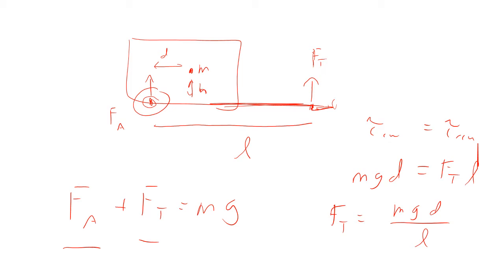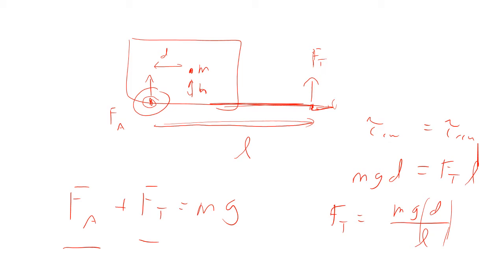So in other words, look at the d over L factor right here. If L is, let's say, 4 times longer than d, then that means you get 1/4 of the weight as the force on the trailer hitch.